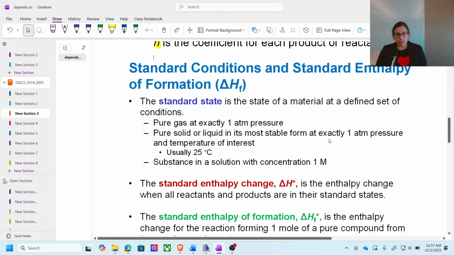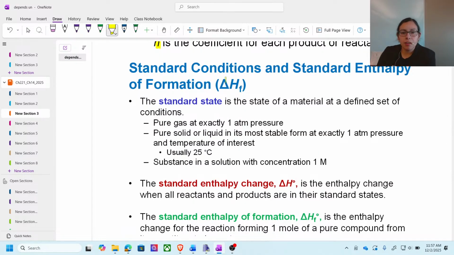All right, so that brings us to, well, what is our standard enthalpy? Now we're setting up the conditions for this. We have our standard conditions and standard enthalpy of formation. This is your table that's probably in the back of the book somewhere, or you can Google standard enthalpies of formation, and you'll get plenty of tables.